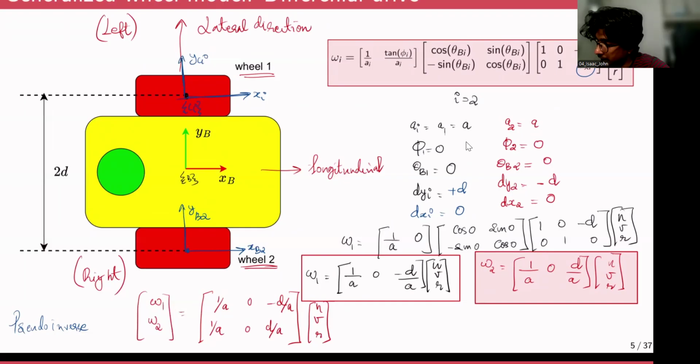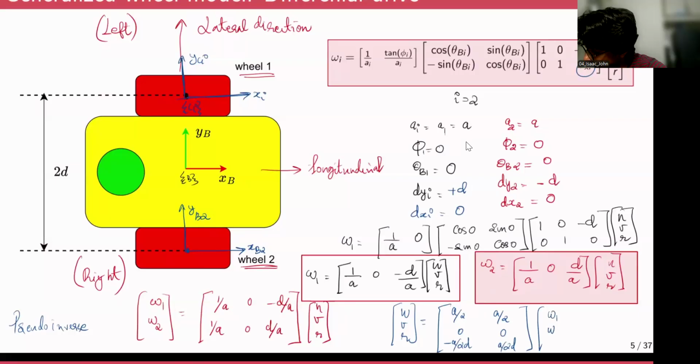So if you take the pseudo-inverse and pre-multiply into this left-hand side, you will get the following relation: UVR as a by 2, 0, 0, minus a by 2d, this whole thing multiplied by omega 1 and omega 2, where this matrix is basically the pseudo inverse of this matrix.